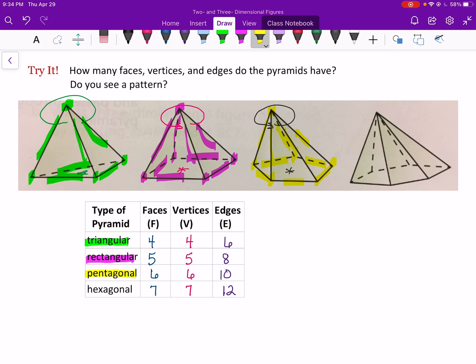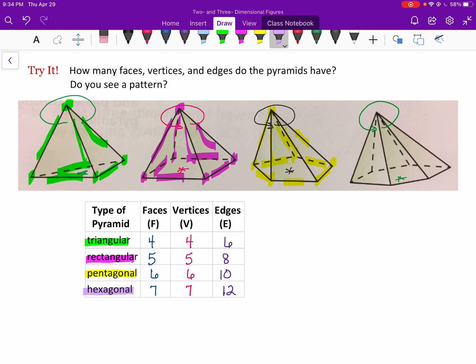And last but not least, hopefully by now you're kind of seeing the pattern and how things work. We have a hexagonal pyramid. Hexagonal because the base is a hexagon. It has 6 faces as you go around, and then the one on the bottom. 6 plus 1 is 7.